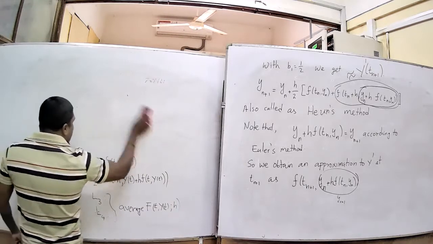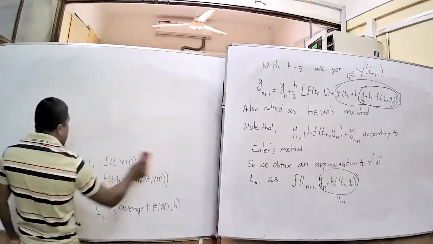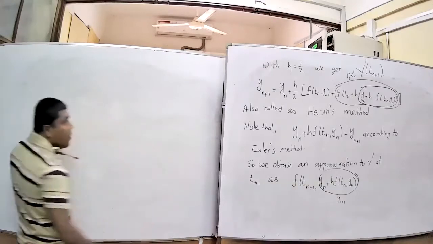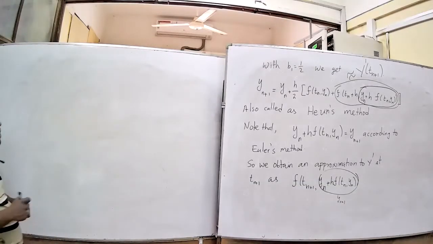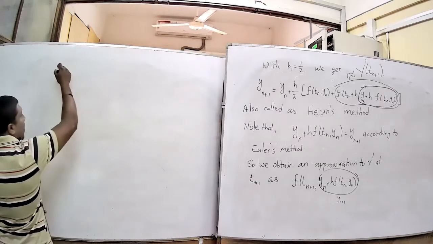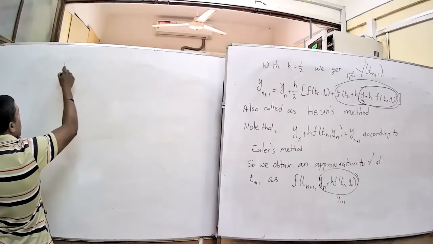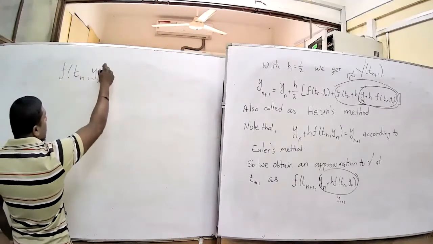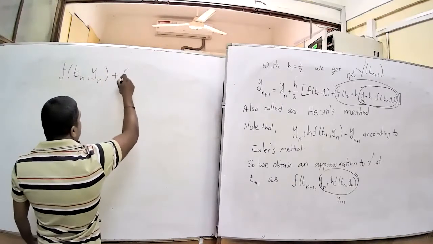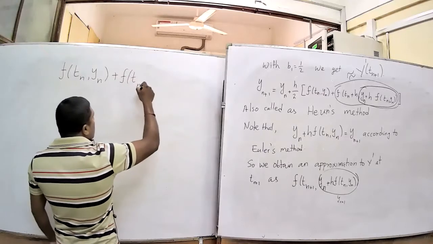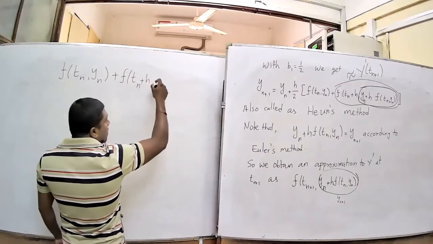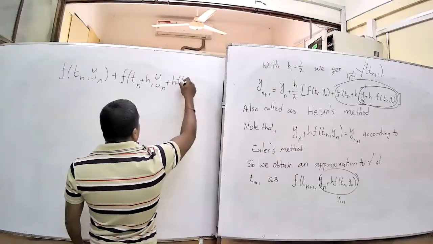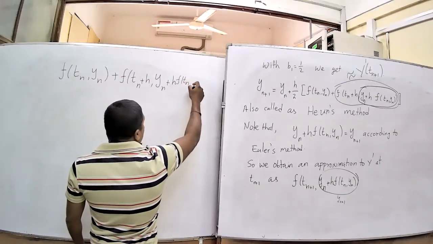That is why we call this an average slope, right? So you see that you have this: f of Tn comma yn plus f of Tn plus h comma yn plus h times f of Tn comma yn.